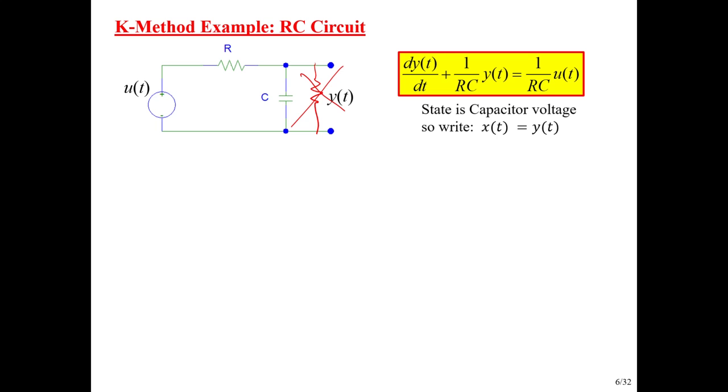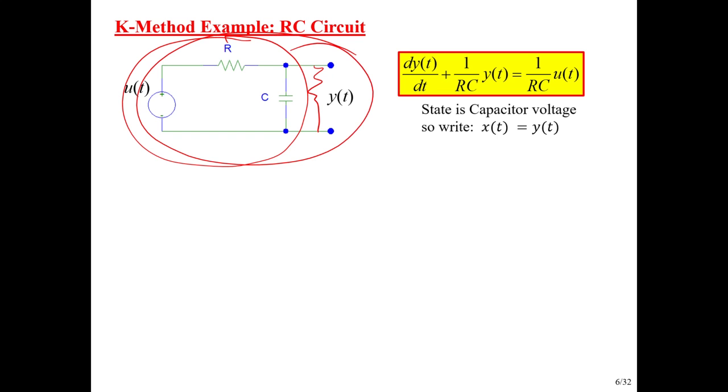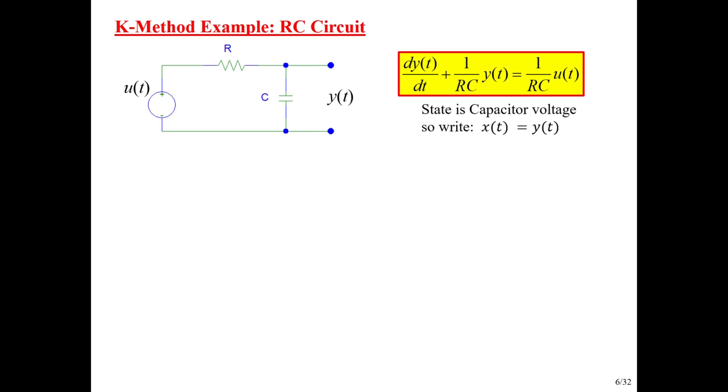So if the next stage has a very high input impedance, we might be able to say it's negligible. But if we want to fully model it, we would have to ask, what's the input impedance of the next stage after this RC circuit? And we would put it there. And now, instead of modeling the simple RC circuit, we'd have to model this slightly more complicated circuit. I'm not going to do that here, just as a simple example.